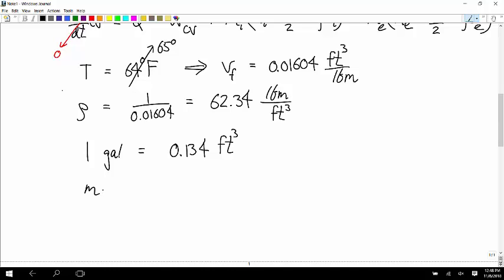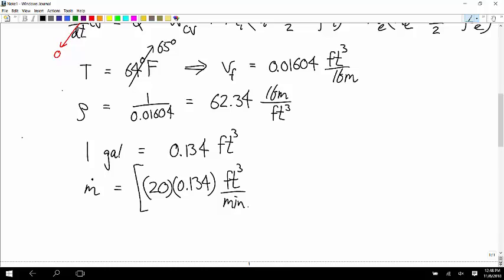And so the mass flow rate is equal to 20 times 0.134, and that is in cubic feet per minute.